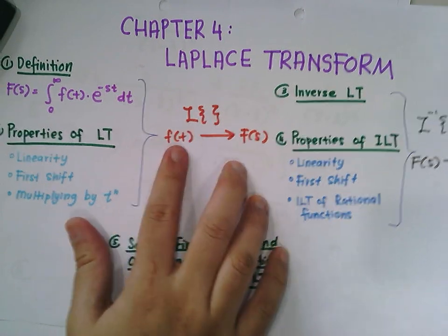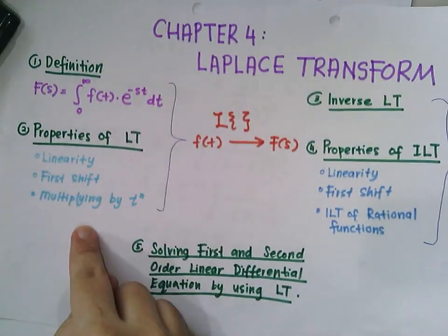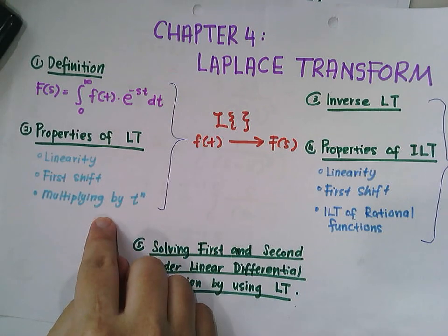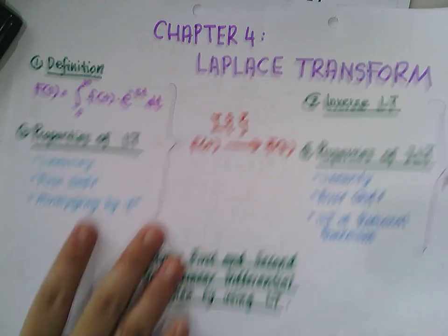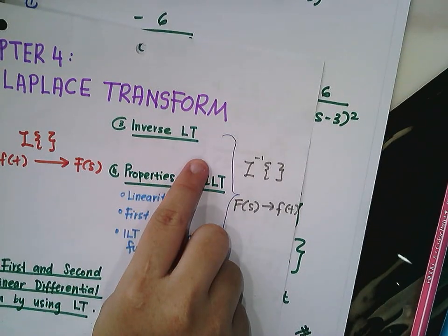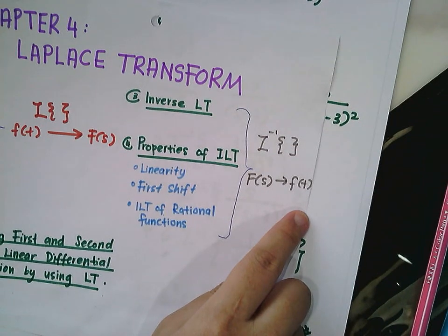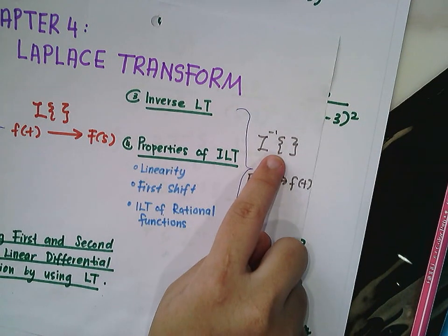The second one is properties of Laplace transform. You have linearity, first shift, and also multiplying by t to the n function. The next one I introduced to you is the inverse Laplace transform, which is from Fs to get your ft directly from the table by using the inverse operator.